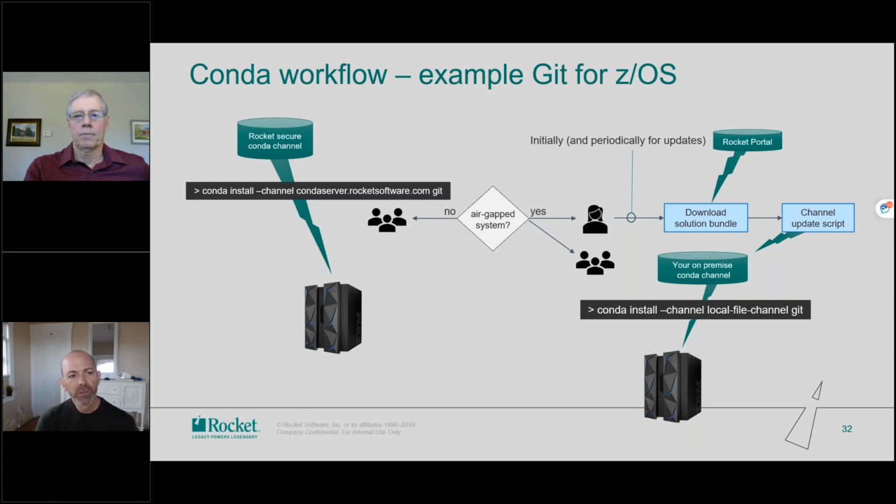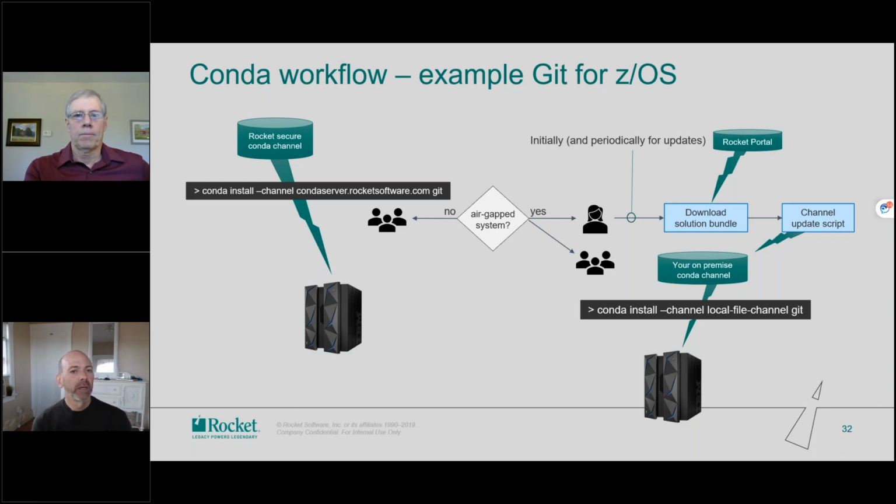This is the workflow using Conda. This is a huge increase in usability from what we had previously a couple of years ago at Rocket. To install Git would be about 40 steps because there's 4 prerequisites for Git. So you would have to download and install each one of the prerequisites. Each one was about 10 steps.